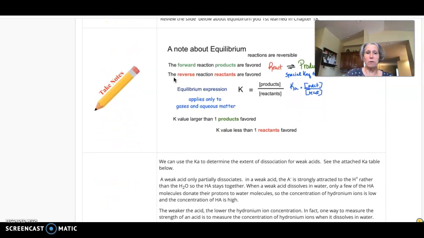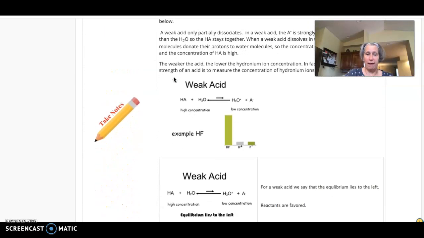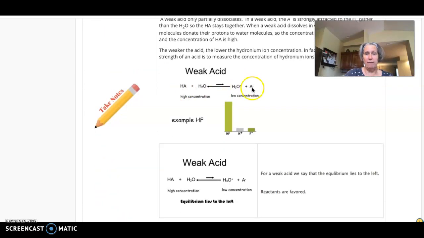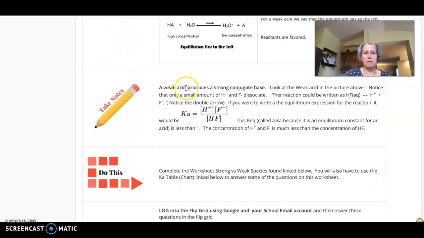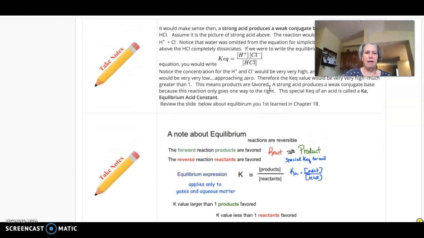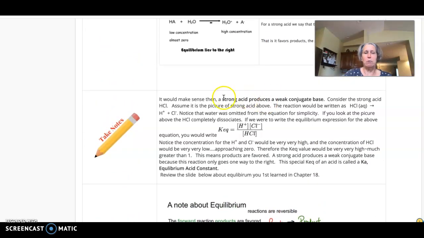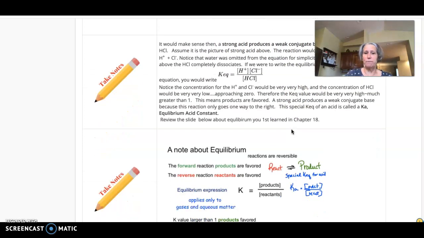And then also here, for a weak acid, this would be the conjugate base, and we say that it is strong. So a weak acid produces a strong conjugate base, and a strong acid produces a weak conjugate base. So you guys can read through that, and that's an important concept to know as well.